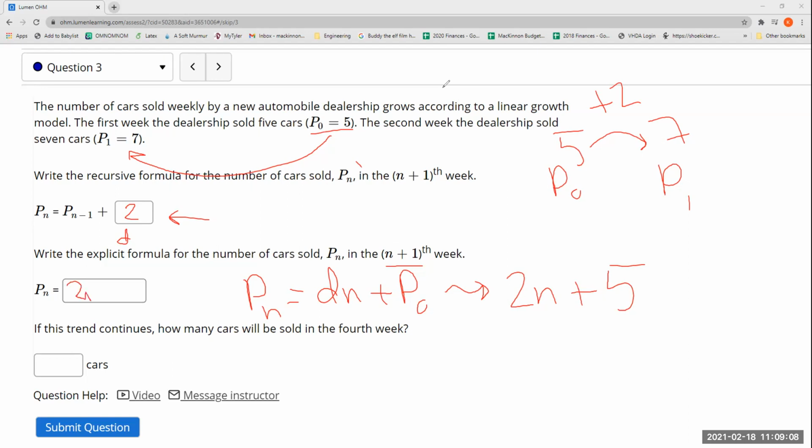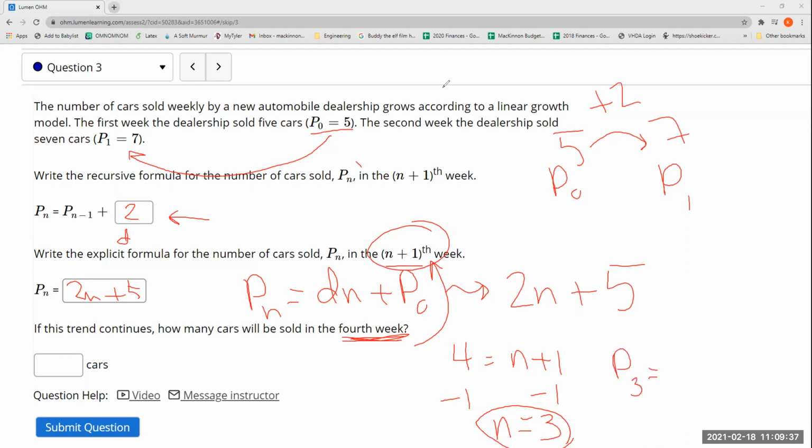So we've got 2n plus 5. Now, here's the trick. I'm in the 4th week. This formula is based on the n plus 1st week. So 4 is actually equal to n plus 1, not equal to 4. Most folks will read this and say, oh, n equals 4. That's not the case. N is going to be equal to 3.